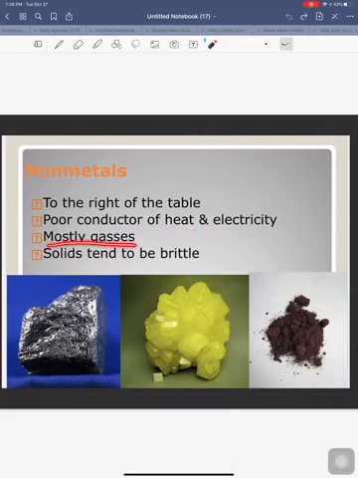As far as states of matter, most of them are gases, not all, definitely, but most are gases. And if they aren't gas and they're solids, they tend to be brittle, so they tend to shatter. So you can pulverize them, powder them. If they're crystalline, they'll chunk off, they'll split off. So they're not the large, sturdy structural types that metals are.